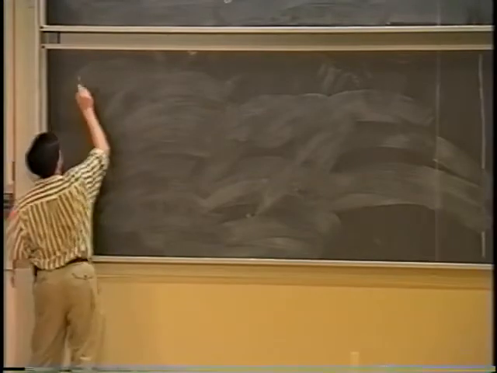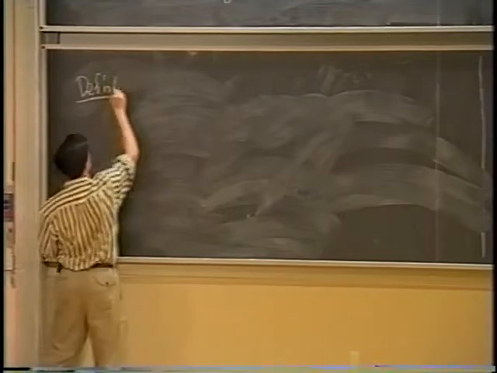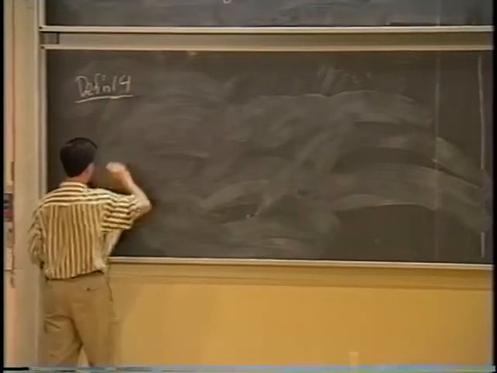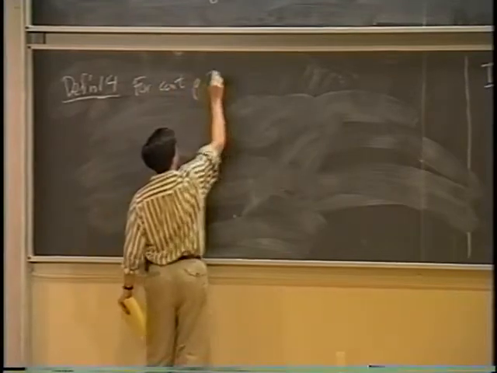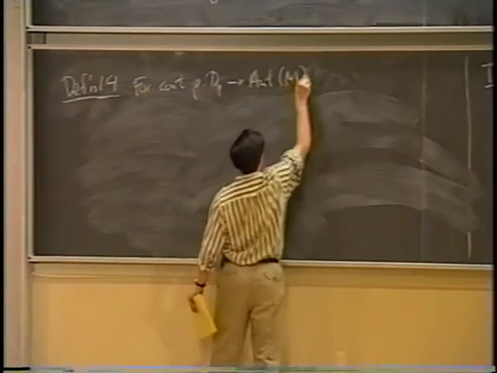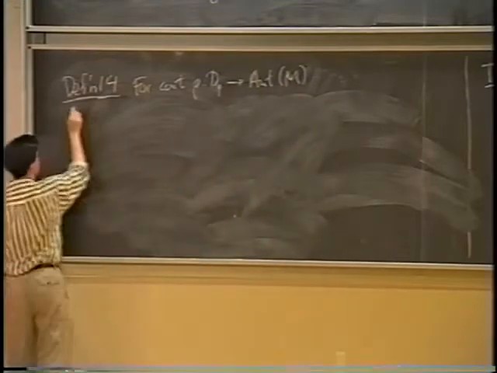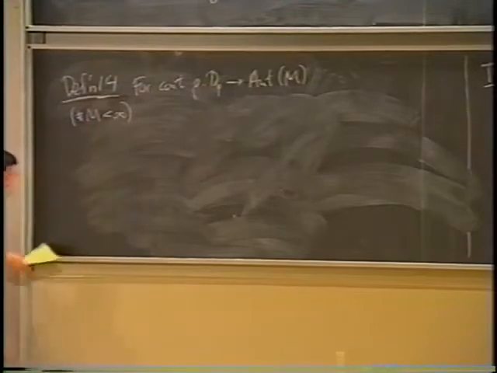Okay, so now this theorem motivates the following definition. This is 1.4. If I give you any continuous representation of the decomposition group at p on the automorphisms of some finite abelian group, so then we find some finite Galois representation, is what I'll just call it.